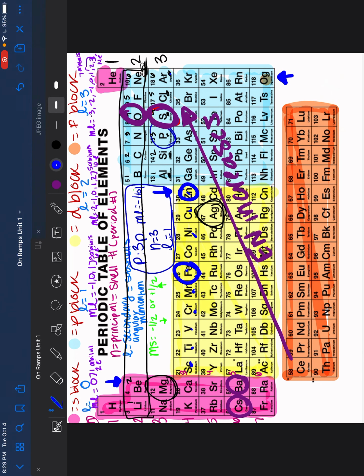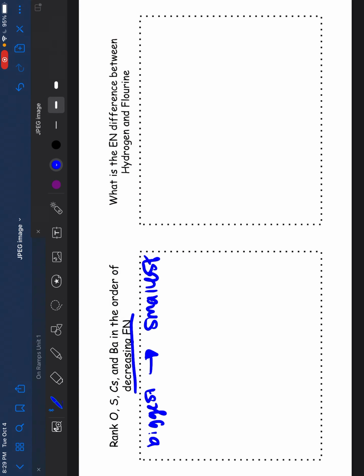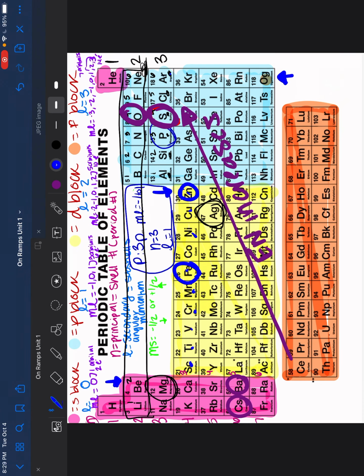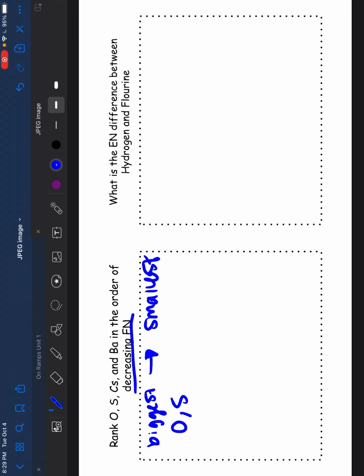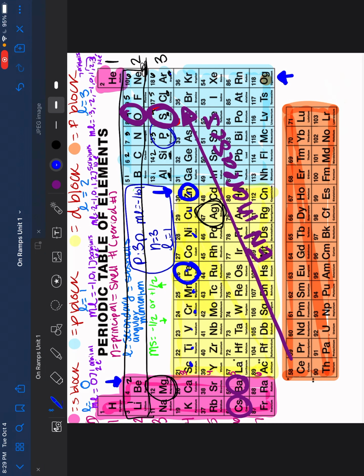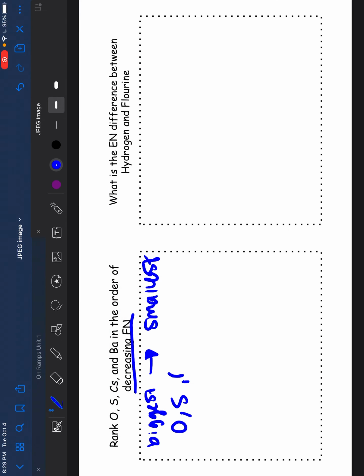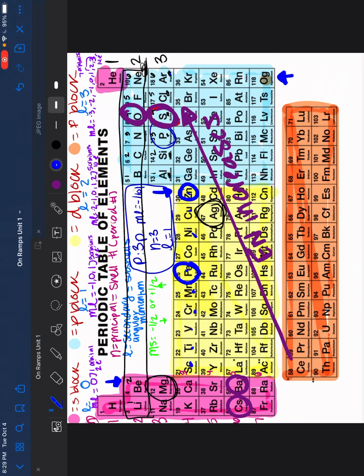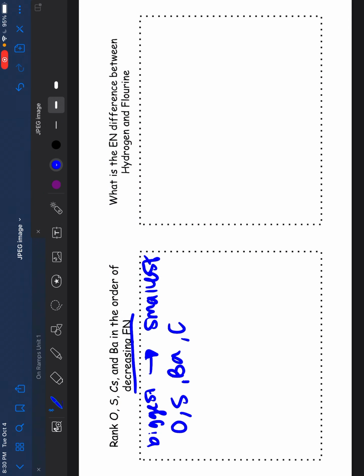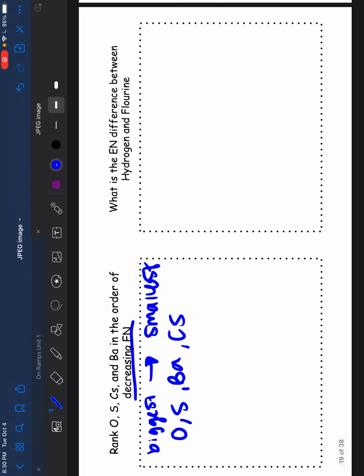So highest electronegativity to lowest. So the highest one will be oxygen. Then I will have sulfur. Then I will have barium. Then I will have cesium. Okay.